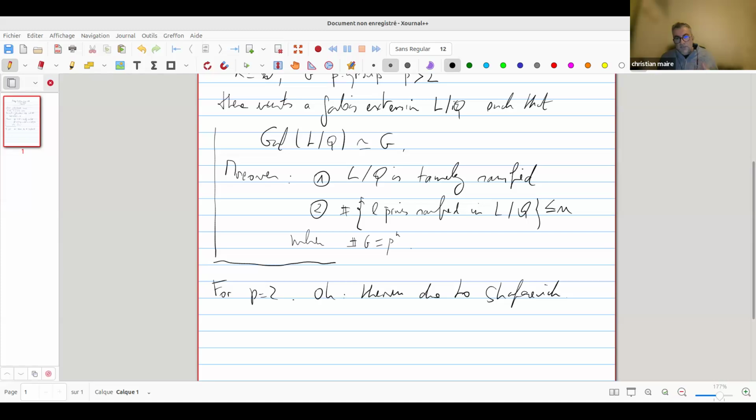But just after he claimed the proof, he said, okay, maybe there is a small mistake in the group theory part for the 2-groups in my proof, but here is a way to solve the problem.